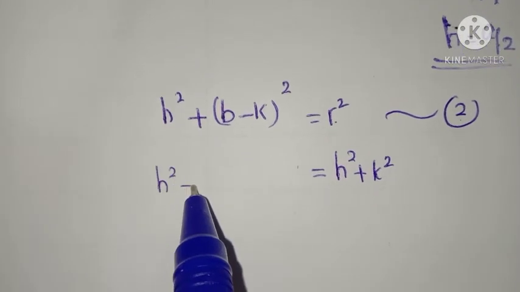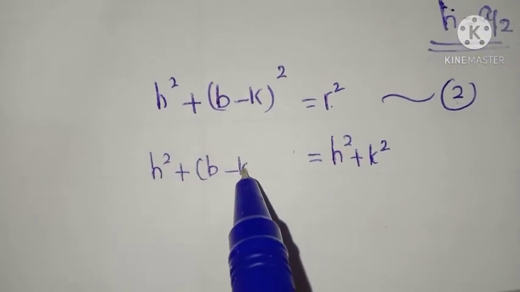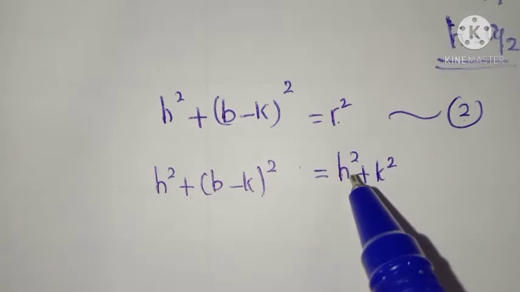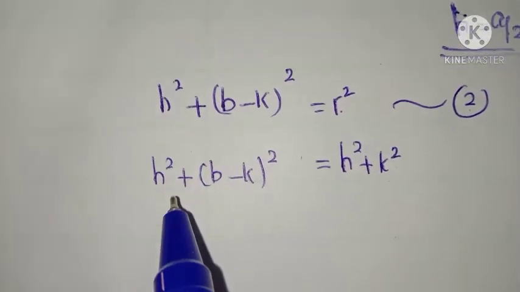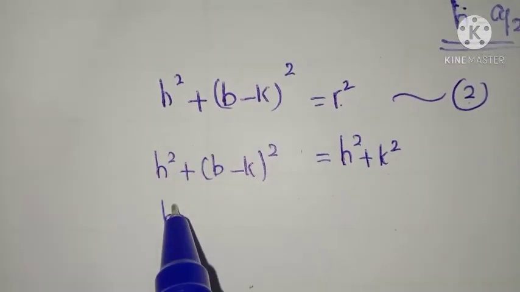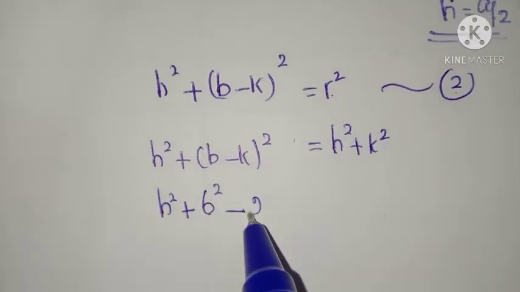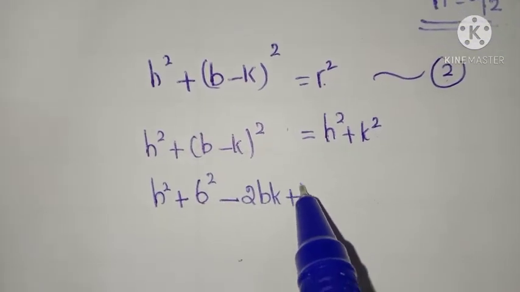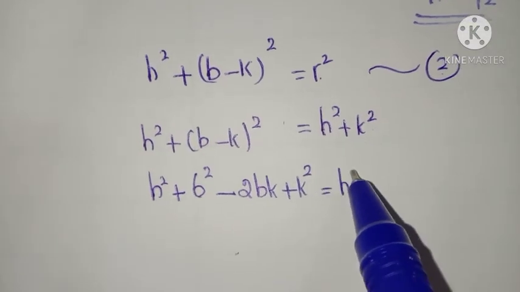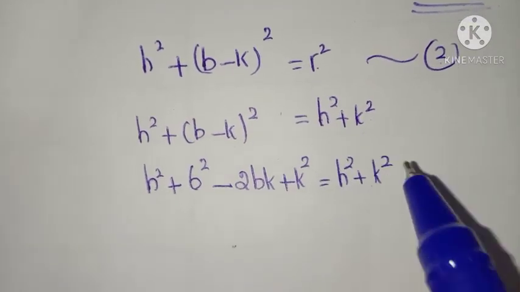So this becomes h square plus (b minus k) the whole square equals h square plus k square. Then expand: h square plus b square minus 2bk plus k square equals h square plus k square.